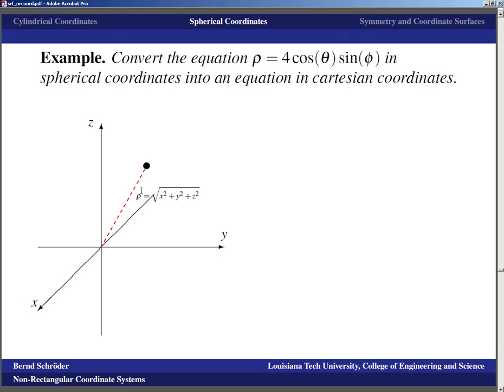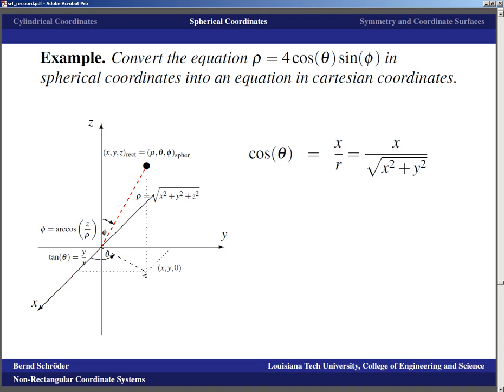We've got rho being the distance to the origin, theta being the angle from the x-axis, and phi the angle from the z-axis. So, cosine theta is x over r, because it is x over this radius r here, which would be x over the square root of x squared plus y squared.